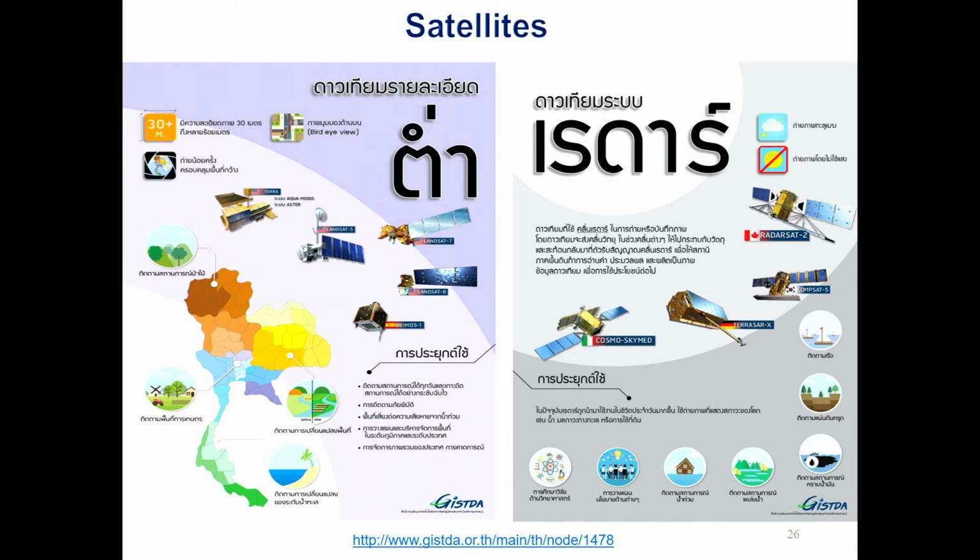But in my country, especially in the south of Thailand, there is always a rainy season, right? It's cloudy for many days and many months also. This is quite a big problem, because passive remote sensing cannot go through the cloud. It means that in the rainy season, there are many clouds, it's so cloudy, right?